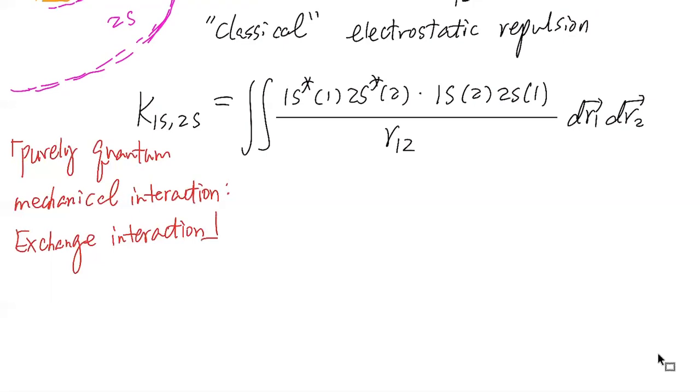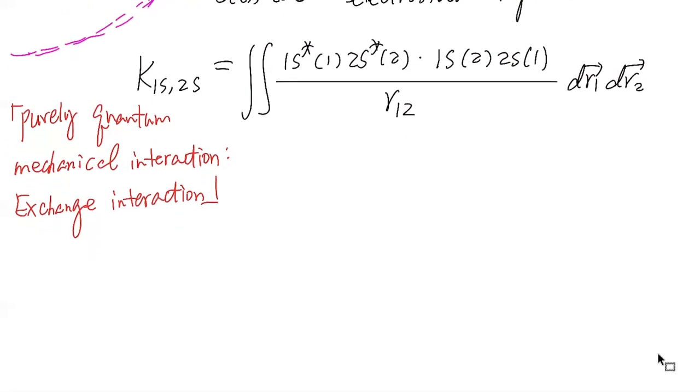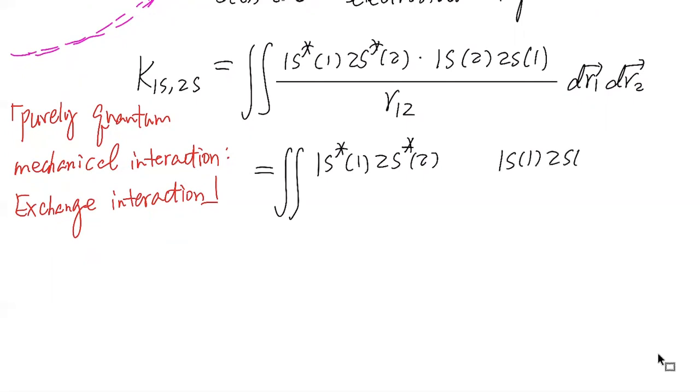Okay? Now, we can rewrite K of 1s, 2s in a form that is something similar to the Coulomb repulsion. So if we write 1s star 1, 2s star 2, and here if we write 1s1, 2s2, then of course this becomes the Coulomb integral, right?